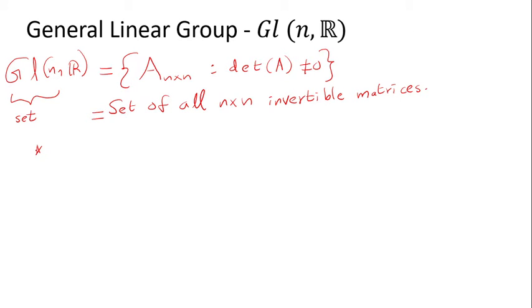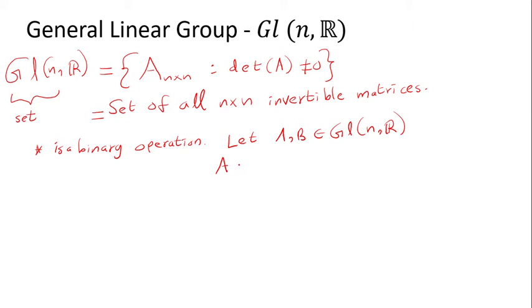So let's say star is a binary operation, and let A and B be in GL_n(R).